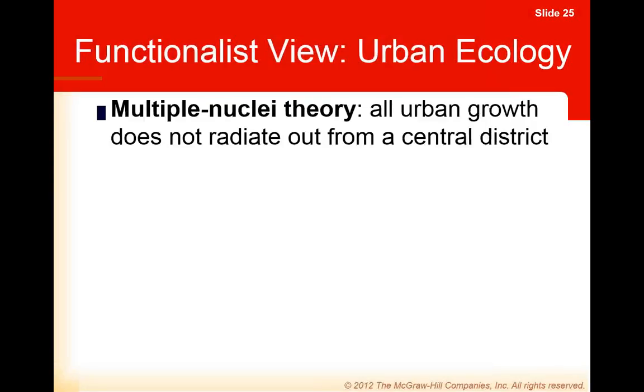The multiple nuclei theory looks at city development a little bit differently, and it says that it's not urban growth radiating out from a central district. Instead, you'll have a business district, a shopping district, a residential district, a government district, a banking district, all these different districts, and each one of these serves as its own nucleus.